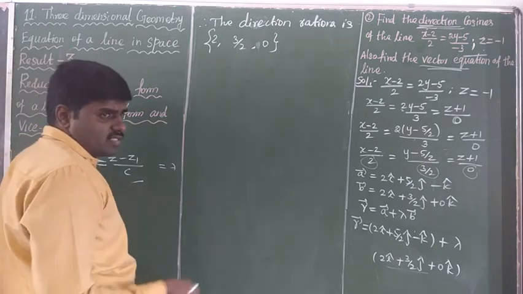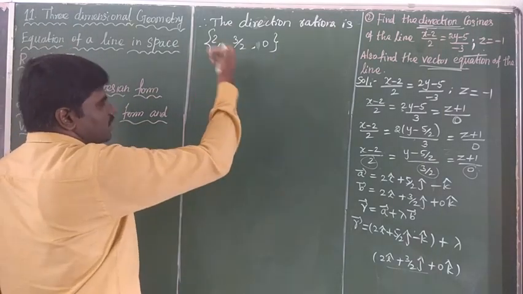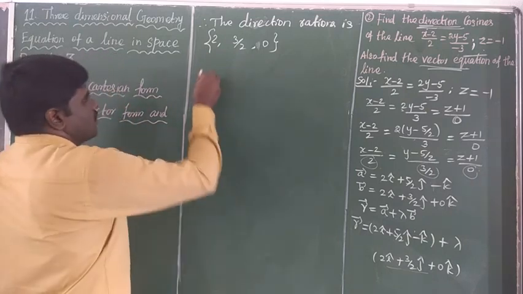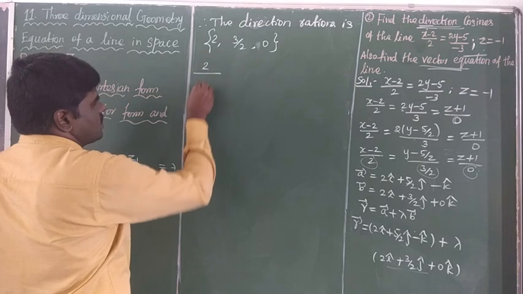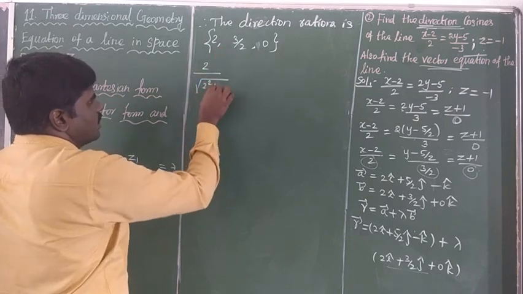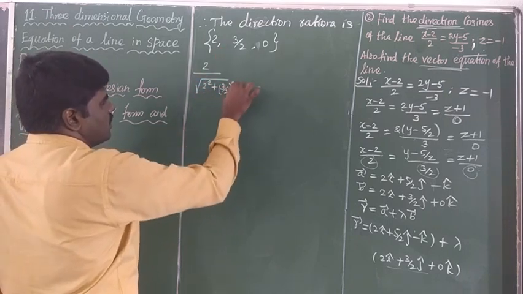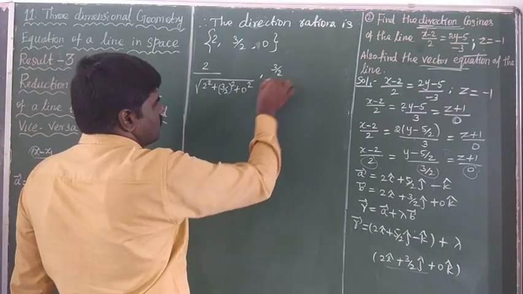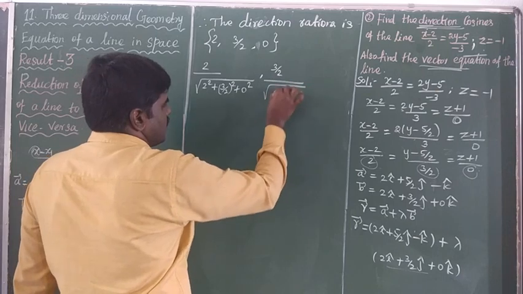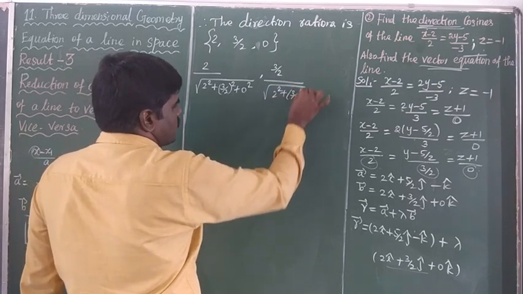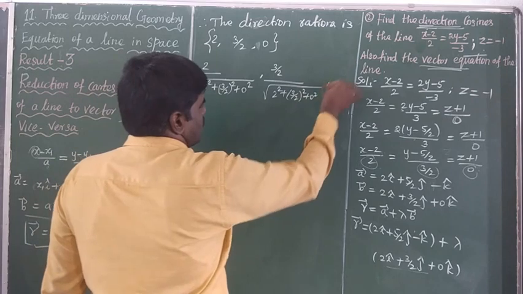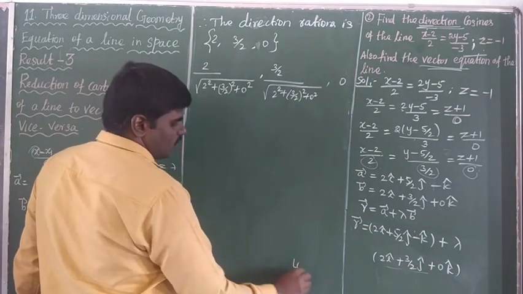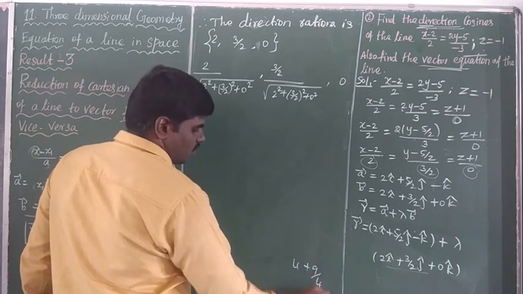So how to find the direction cosines? Well, we know that each value is divided by the magnitude. This gives the direction cosines. So here, 2 divided by the magnitude, square root of 2 square plus (3 by 2) the whole square plus 0 square. Simplify: 4 plus 9 by 4, square root.